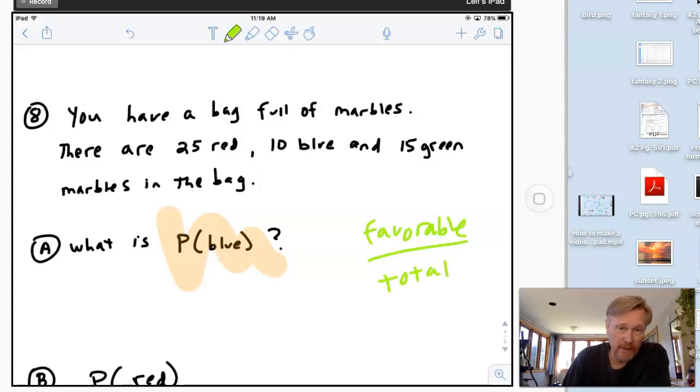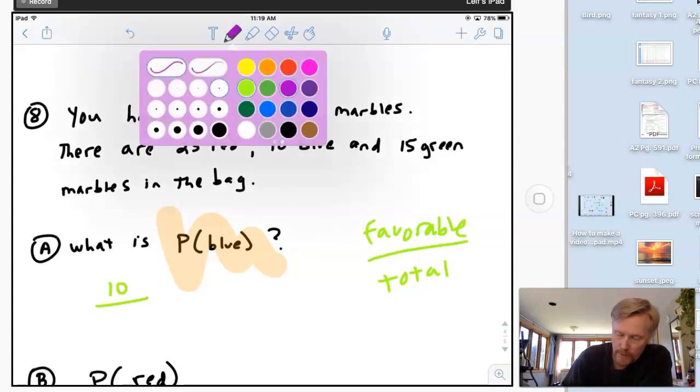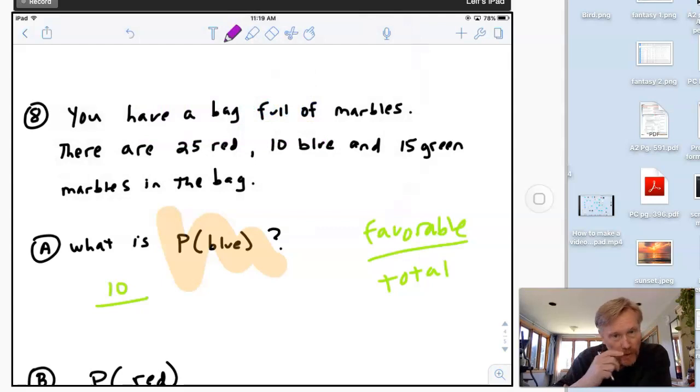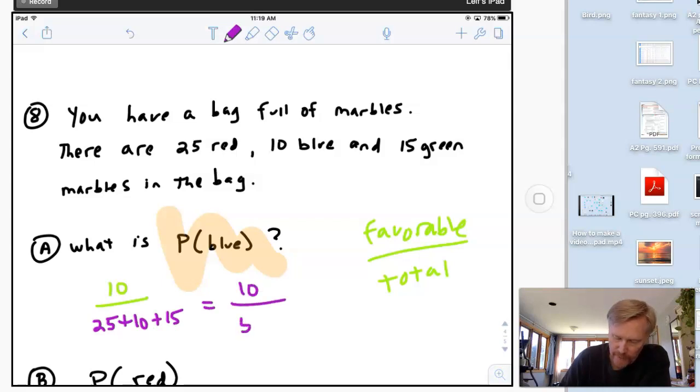Favorable would be if I get the blue, right? There are 10 blue, and the total number is, let's see, I got 25 plus 10 and 15. So if I add all those up, I get 50. So 10 out of 50, which is 0.20 or 20%.